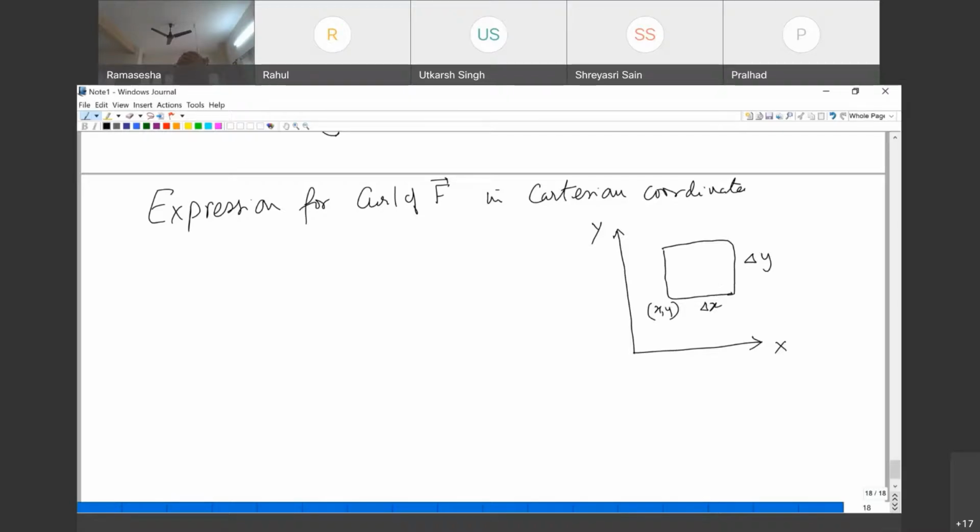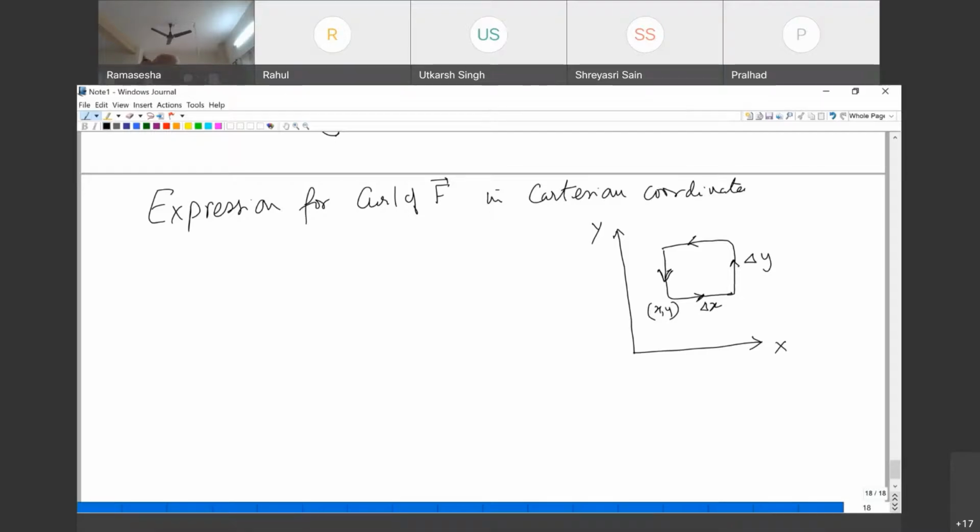And I'm going to be integrating this way. So what is going up is positive, what is coming down is negative, what is going from left to right is positive, and what is going from right to left is negative. That is the sense of the direction. Any questions?